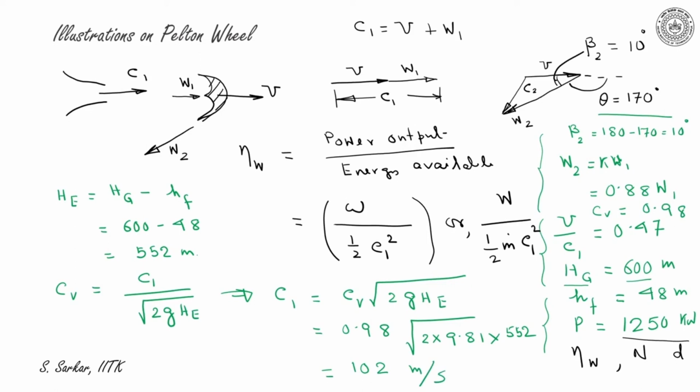Thus, what I have done here, I have drawn the velocity triangle or the velocity diagram, both at inlet and exit. I have defined eta W, and then I have evaluated available head HE, and from the available head and CV I have calculated C1. Now let me proceed.